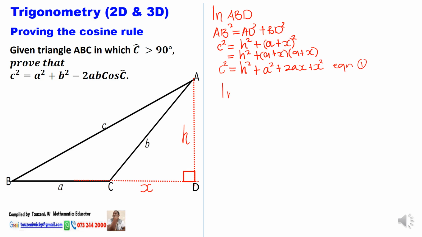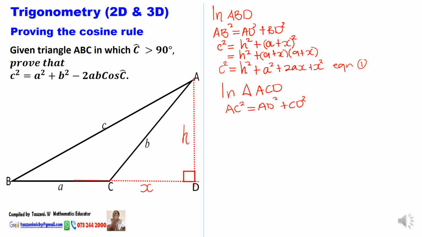Then after that, you go to the next available right-angled triangle, which is triangle ACD. In triangle ACD, AC squared is equal to AD squared plus CD squared. This is also coming from the theorem of Pythagoras.